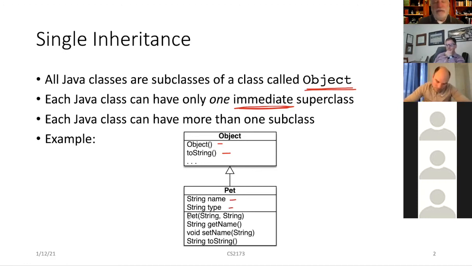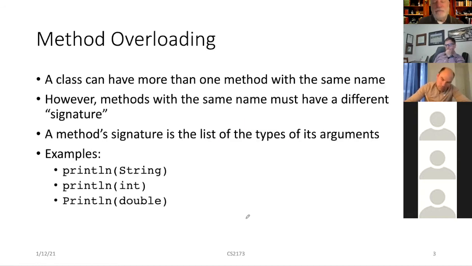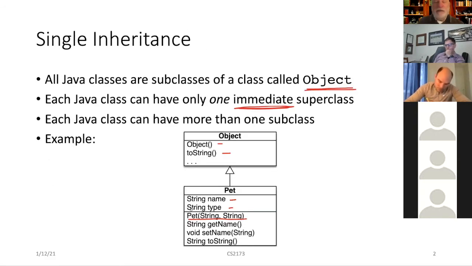What I've defined here as well, and this isn't always done, is that the constructor is also listed and its arguments are string and string. So what this says is when you instantiate a pet, you need to give it two strings. What do you think they would be? They would be the name and the type. It doesn't specify which order they are.